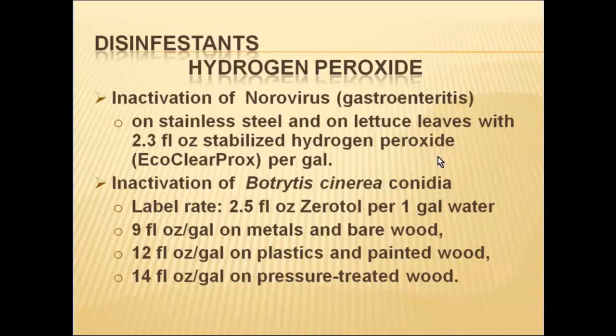In the study that I'm going to talk about in a minute with botrytis, I included commercial chemical grade hydrogen peroxide in that experiment. You can buy commercial grade hydrogen peroxide, and it's less expensive than these commercial forms of hydrogen peroxide, but the fact is it's not as effective.